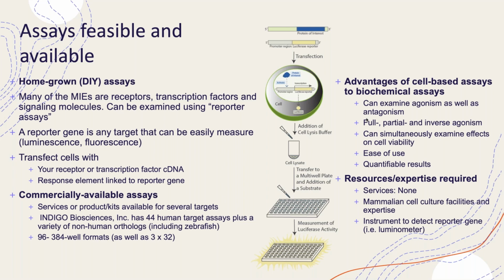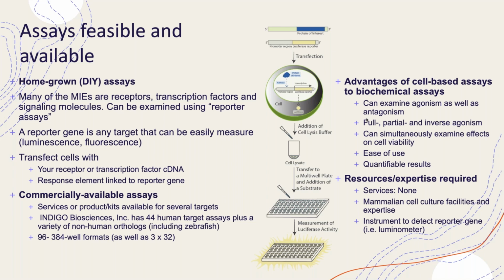So you can look at increases as well as decreases in activity, so agonism as well as antagonism. You can look at full agonists versus partial agonists. You can look at cell viability at the same time as you're looking at these biological effects. They're easy to use, they're highly quantifiable.